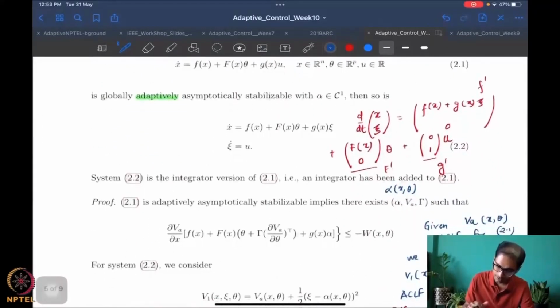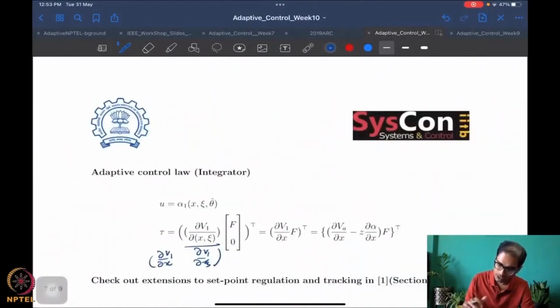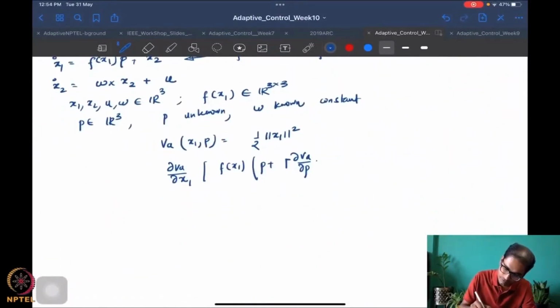So the modified system is gamma del VA del theta transpose.